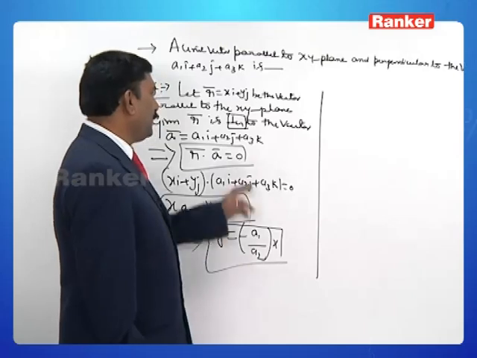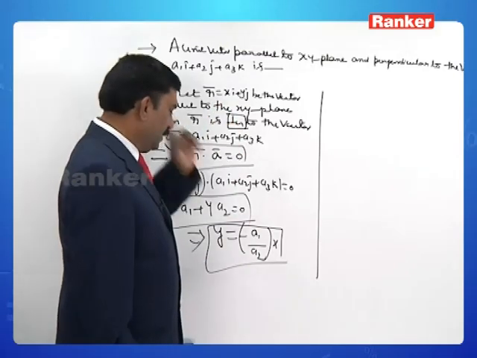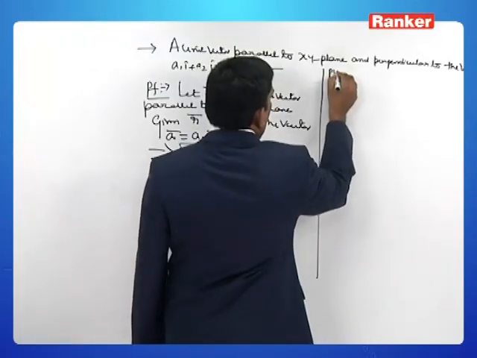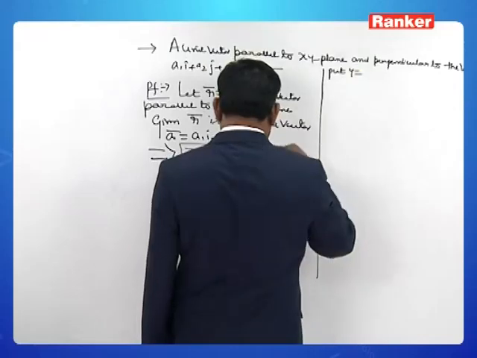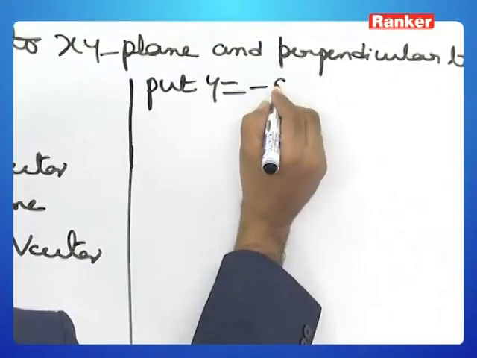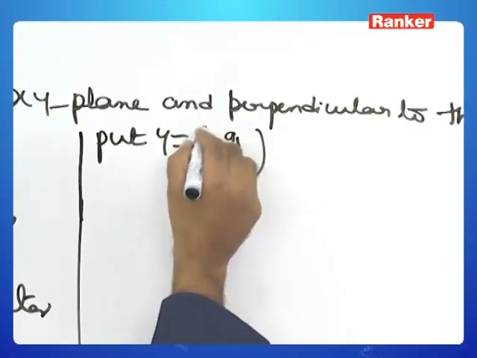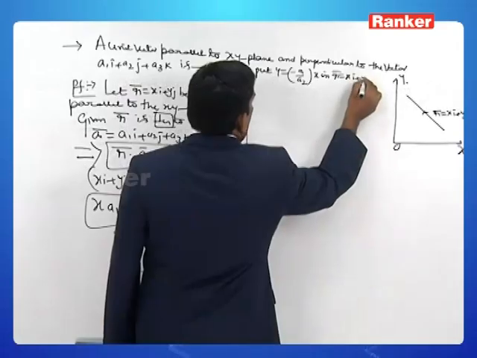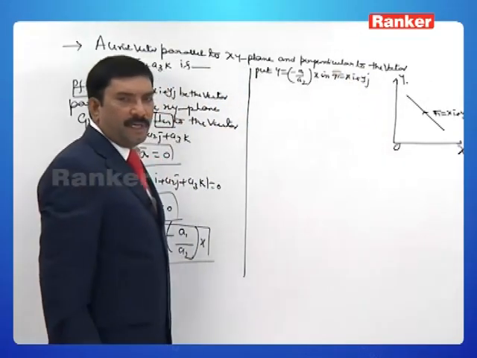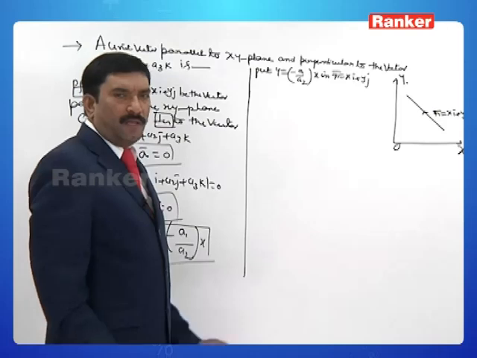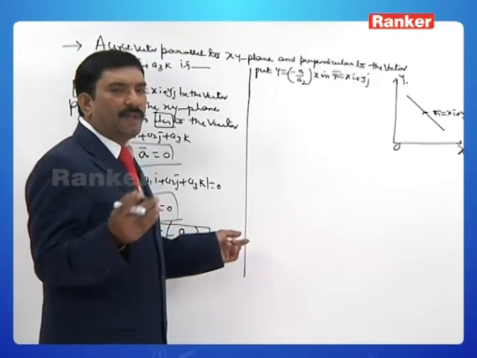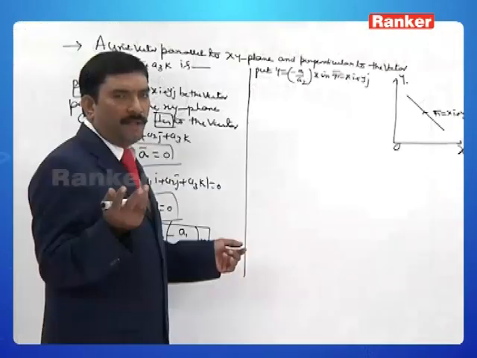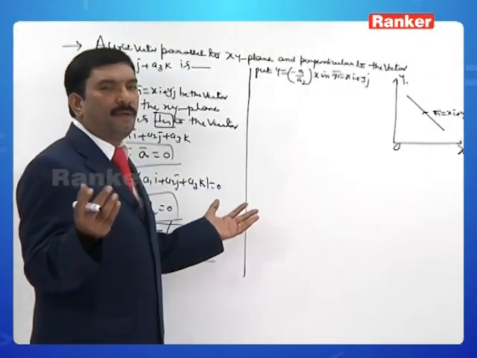Take this one and substitute in this vector. Put y is equal to minus a1 by a2 into x in r bar is equal to xi plus yj. Why? That is the vector which contains two scalar components x and y. Nevertheless, they are unknowns.